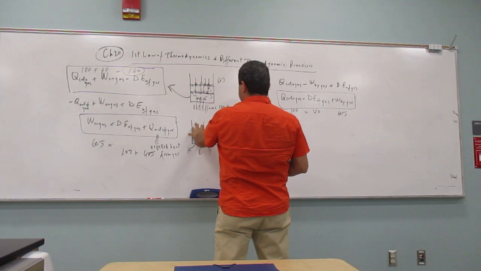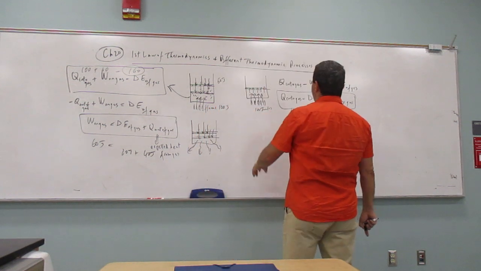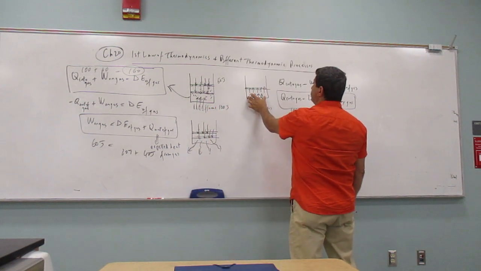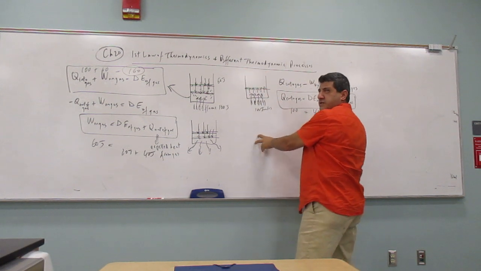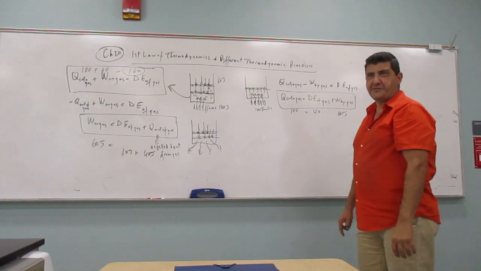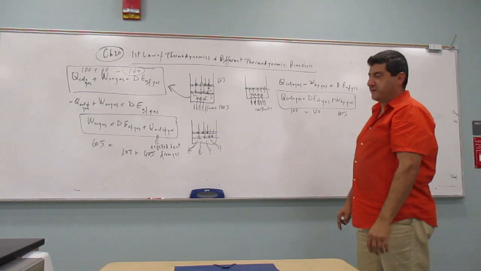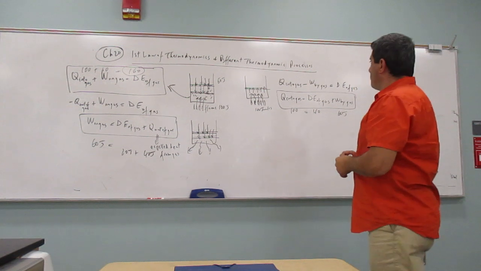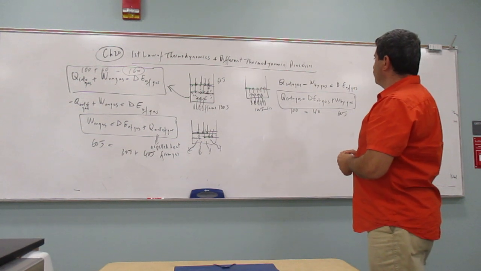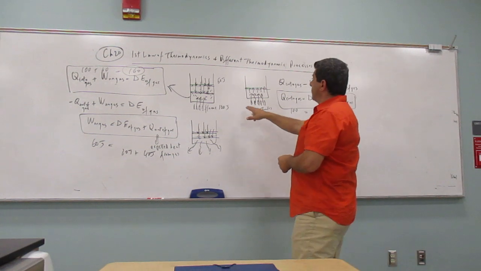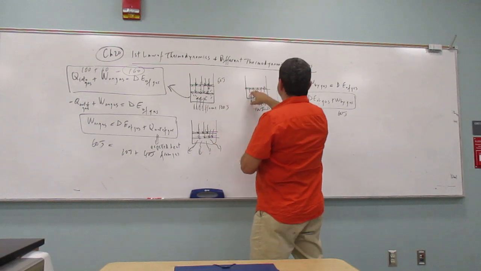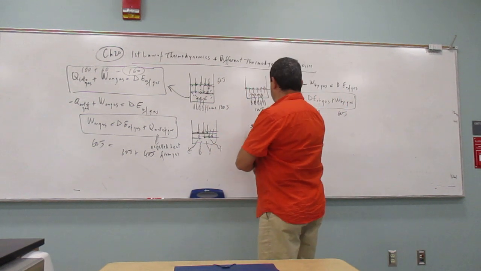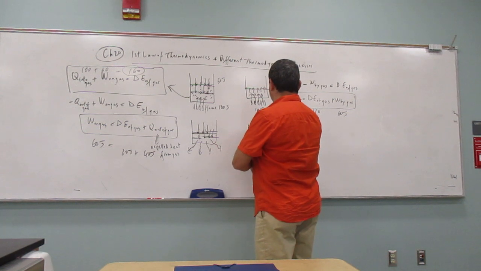This one I was pressing, not putting any heat, and the heat was escaping. Here I was putting heat in, and the gas was doing work. It seems like there should be a fourth one. What would that be? Like another scenario where the gas is the one doing the work. Maybe something like this. Gas is doing work.